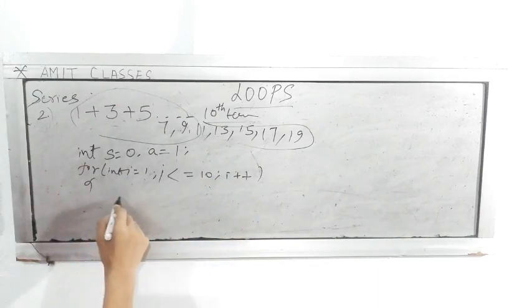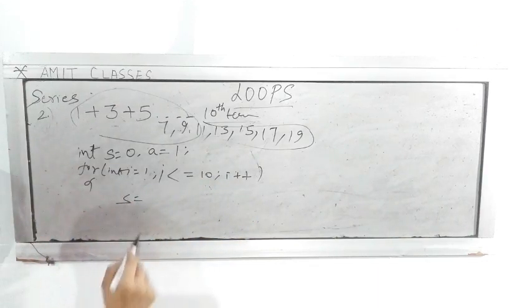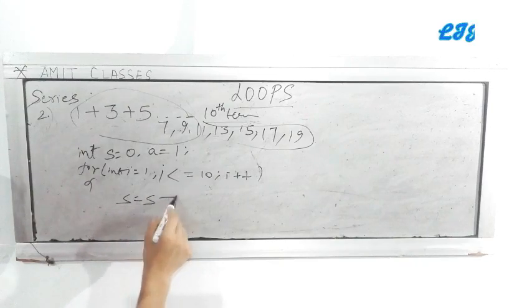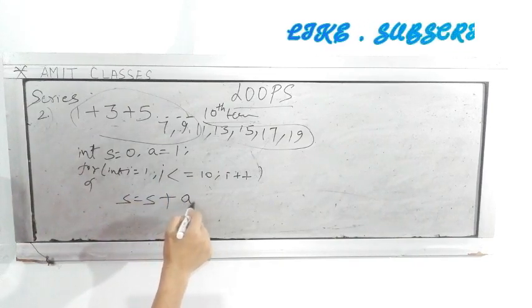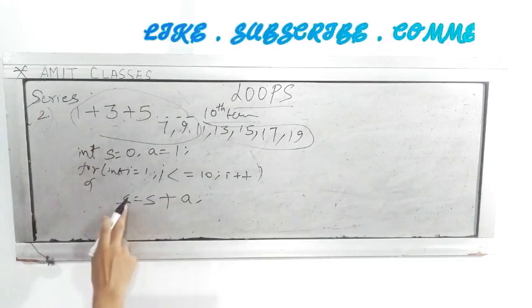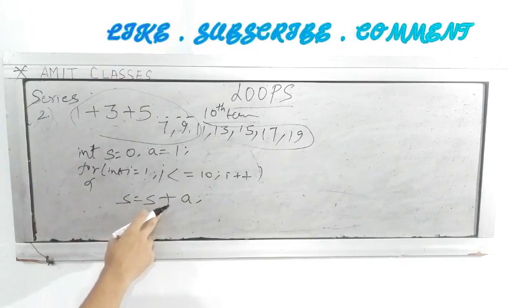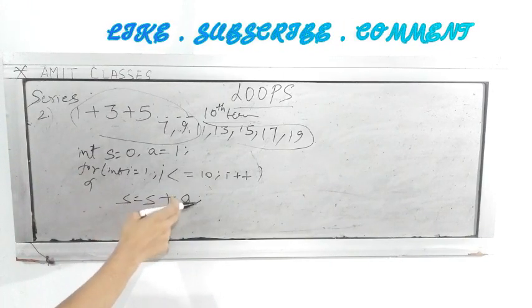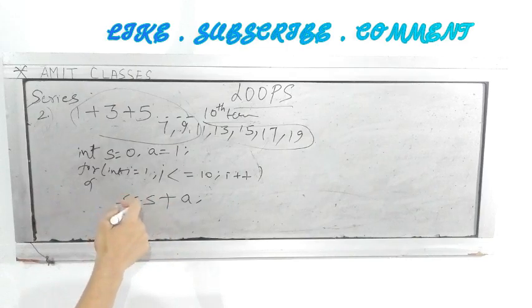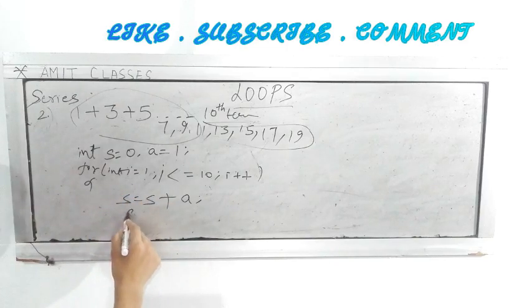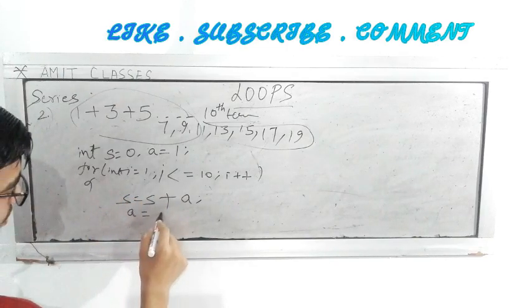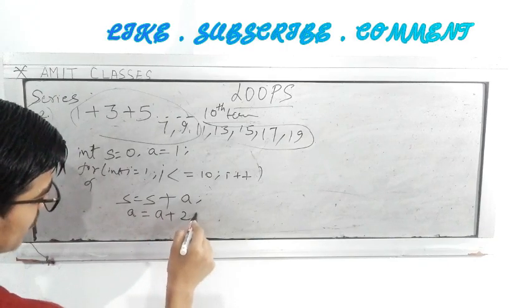So sum is 0, sum is equal to sum plus a. Sum 0 equal to sum plus a means 0 plus 1, sum is 1, and a is equal to a plus 2.